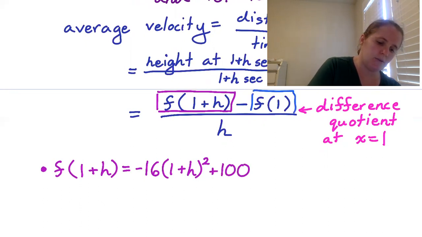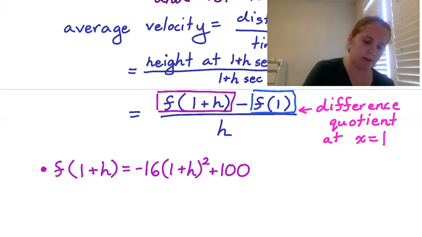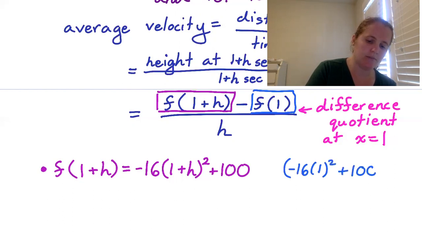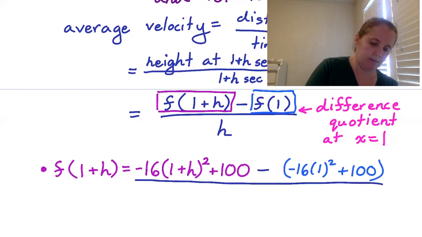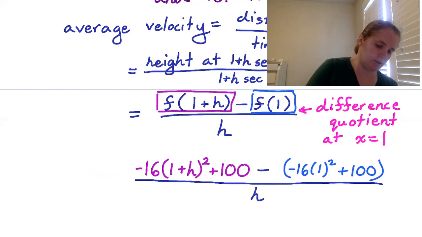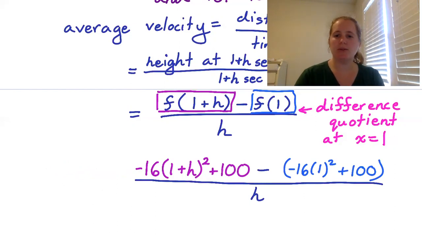And then f of 1, we've already figured out, but we can do one more time. So f of 1, we have negative 16 times 1 squared plus 100. And then we are subtracting these and dividing by h. I did this all in one go. So the purple is our f of 1 plus h. The blue is our f of 1.